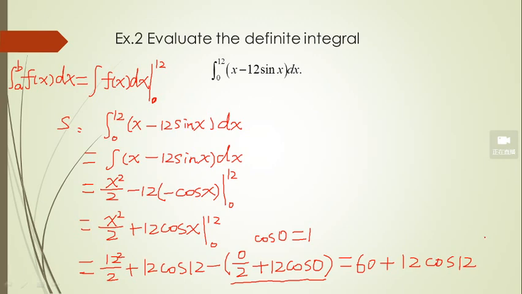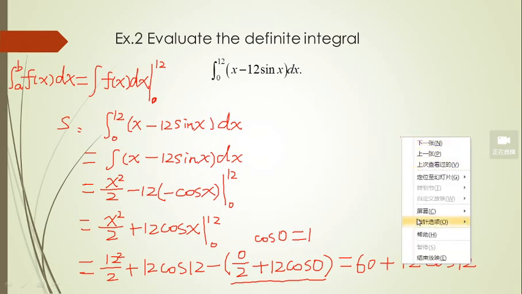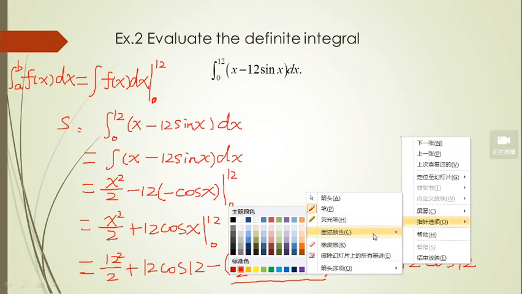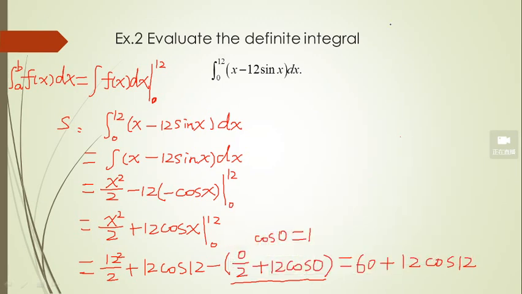Okay, and we are going to estimate the values. And by the way, we can check whether the indefinite integral is correct or not. Let's do one more step to check it.